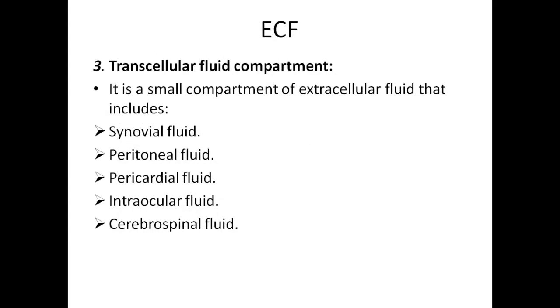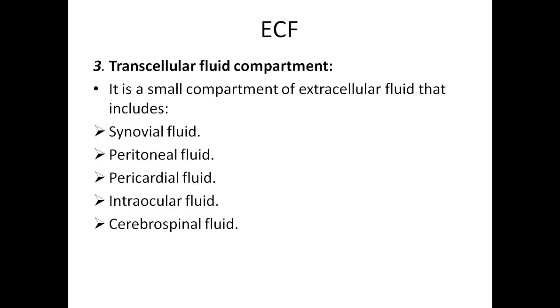We also have what we call the transcellular fluid compartment. It is different from the interstitial fluid in that transcellular fluid is found within small compartments, like synovial fluid, the fluid found between the joints.